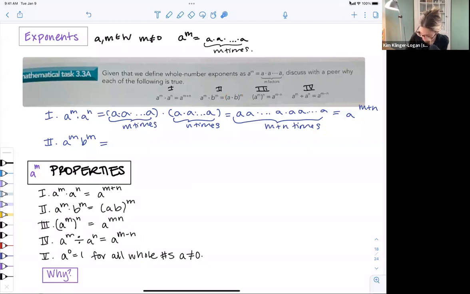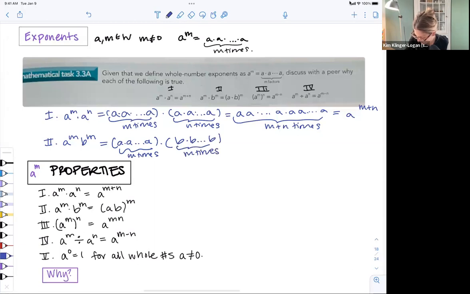So for this first one, this A to the M is just A multiplied by itself M times. And the second one is B multiplied by itself M times. Okay, so again, just as in the last property, our parentheses don't actually matter here because multiplication is associative.